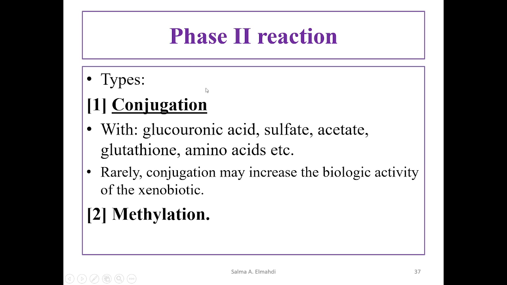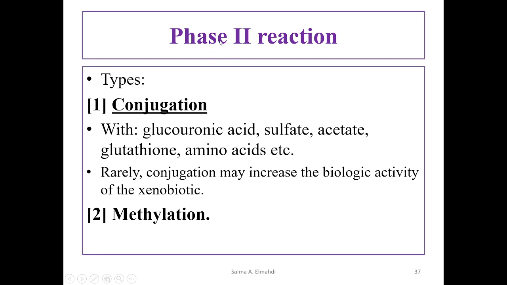Phase 2 reactions include conjugation, for example, with glucuronic acid, sulfate, acetate, glutathione, amino acids, etc. Rarely, conjugation may increase the biological activity of xenobiotics, so they will be more active.